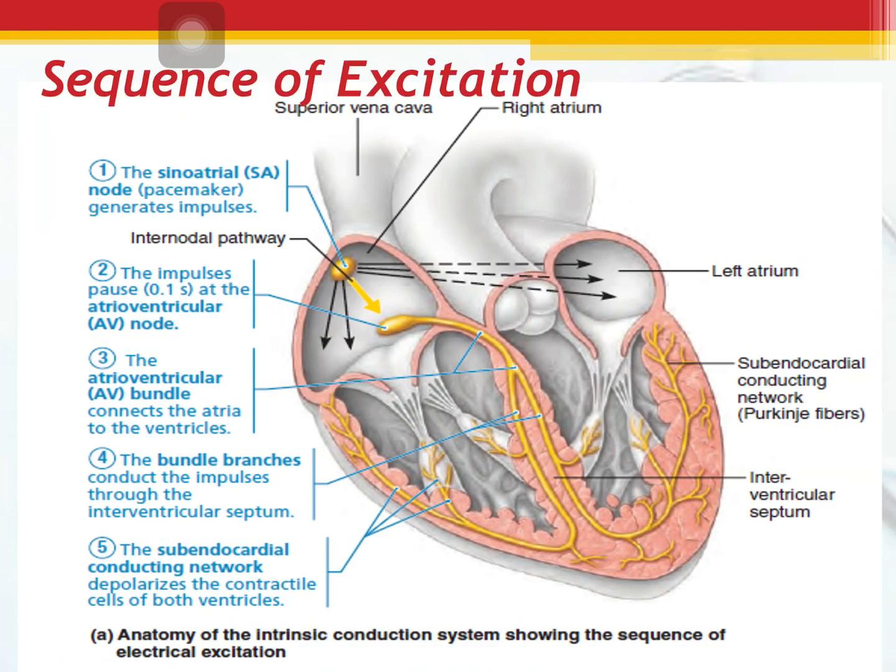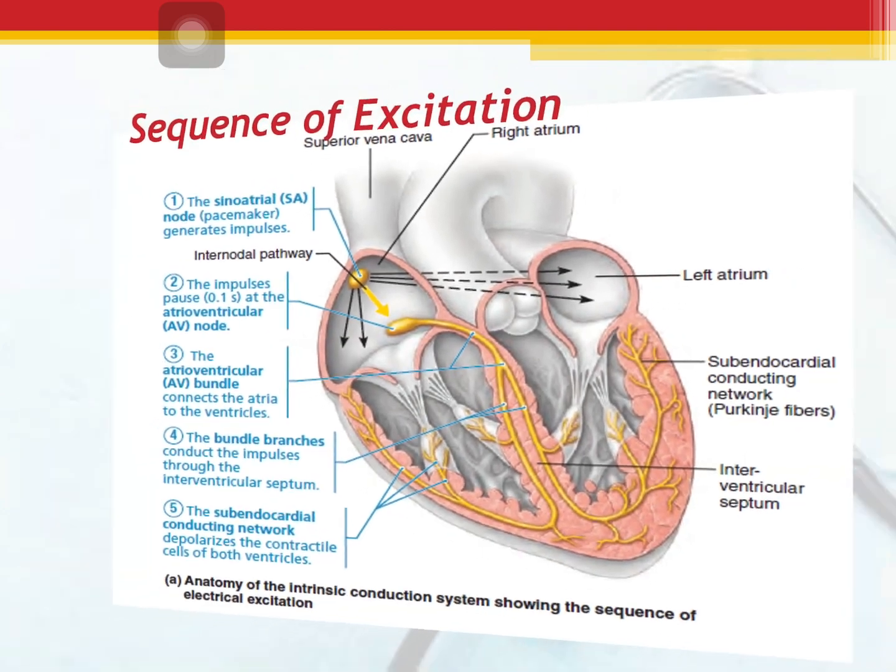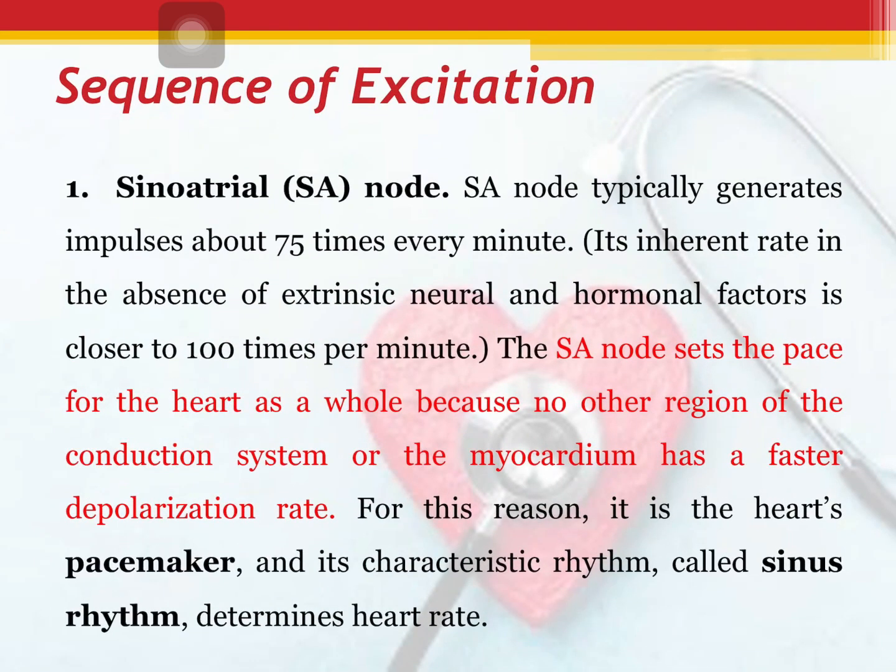This atrioventricular node then passes these impulses to the AV bundle or the bundle of His that connects the atria to the ventricles. The bundle branches conduct the impulses through the interventricular septum, and these bundle branches transfer the impulses to the subendocardial conducting network or Purkinje fibers that depolarize the contractile cells of both ventricles.